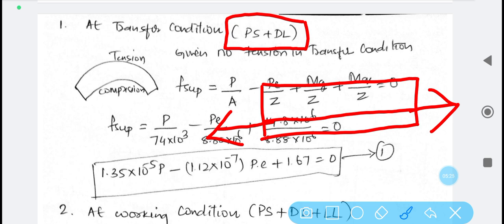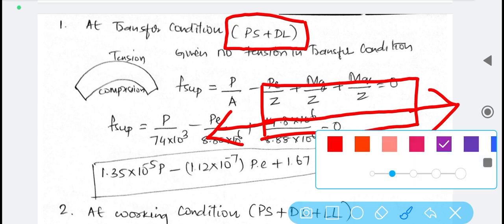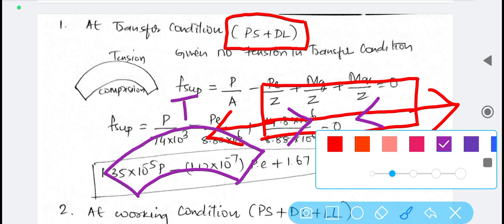As a result of the internal resistance, they set up resistance to the external action. As a result of it, this beam tends to bend in the upward direction. So tension will act in the upward direction, compression will act in the downward direction. So this is the sketch which is written here. I repeat, whenever we are trying to pre-stress a concrete beam, we are trying to pull it from both the ends.